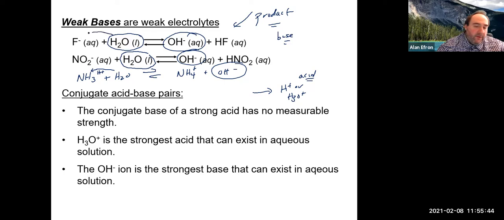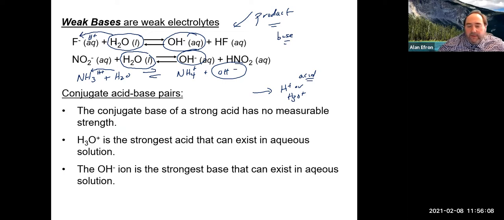Having that water there and knowing it's probably going to act as the acid and donate the H plus is a good thing to include in weak base equations. Again, for the acid, it's your call if you want to do that, but for the base one, you should probably do that because people struggle sometimes with what's going on. Any questions on that?